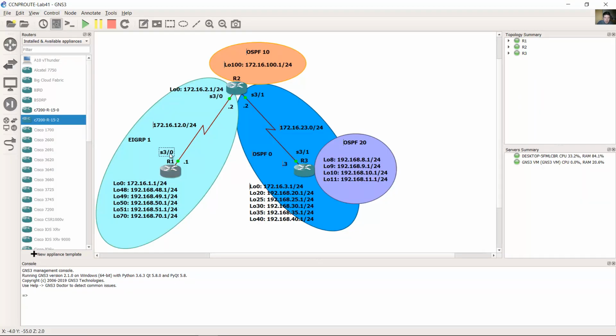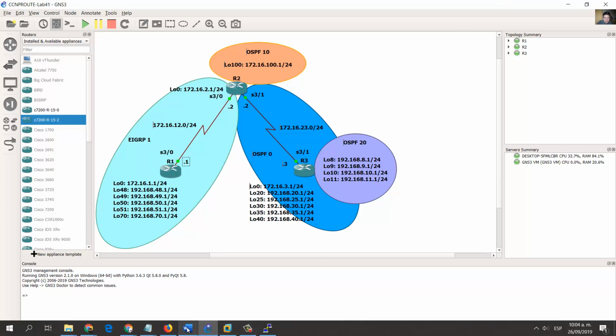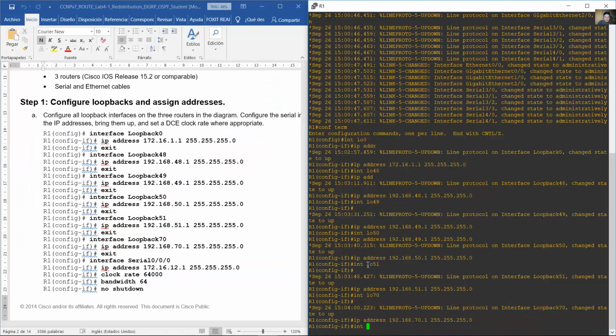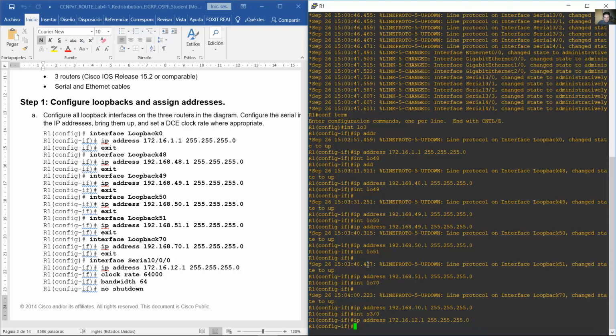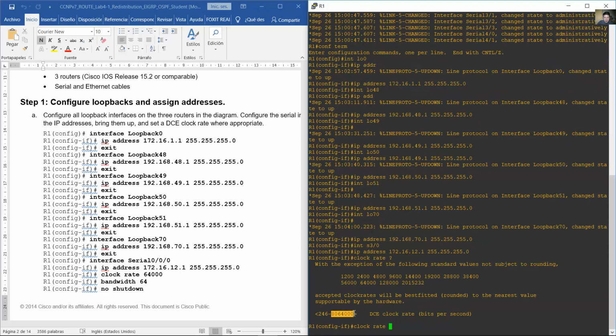Now, configure the serial interface, in my case serial 3/0, on this network. Should be 12.1. Subnet mask 24. Clock rate, use the highest value if you want.